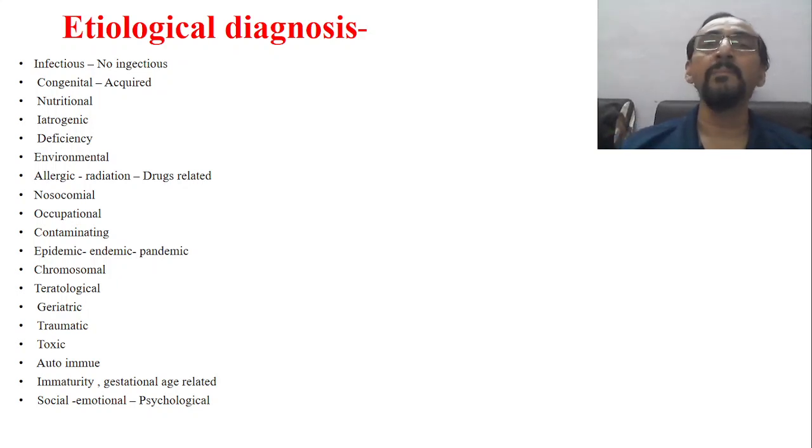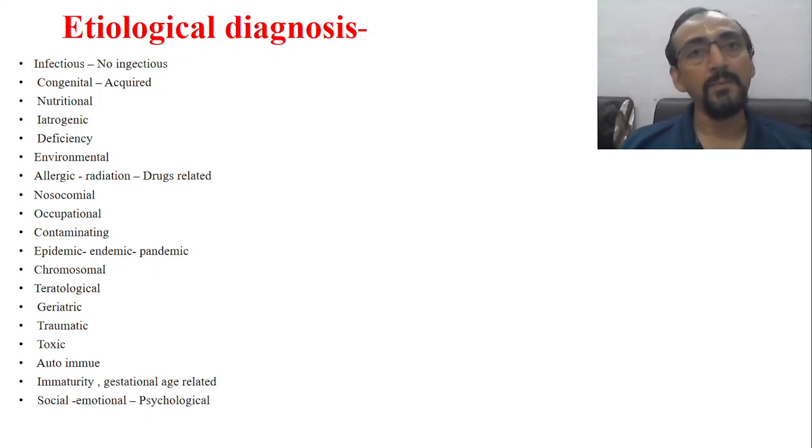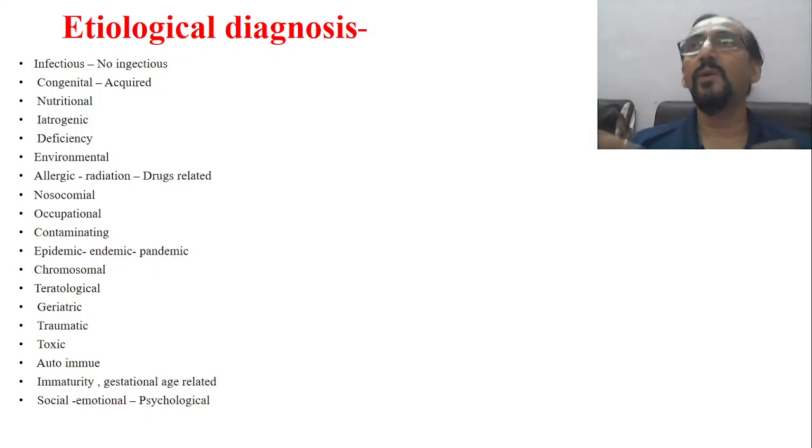In history taking, you collect all this information and then you analyze it. Analyze whether it fits inflammation, infiltration, degeneration, hypoxia, or obstruction. So this we have to understand. This is all about pathological diagnosis, which is the second step in the diagnosis.